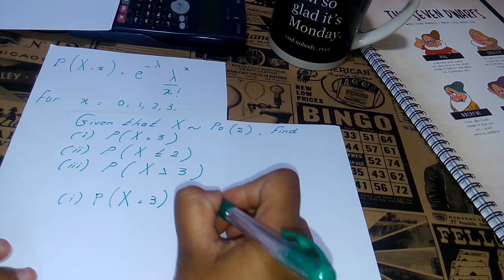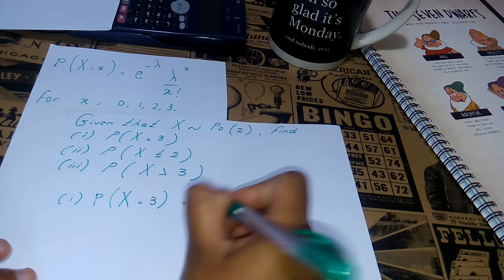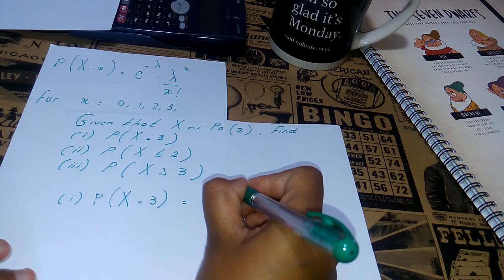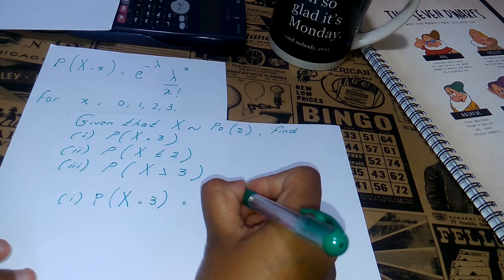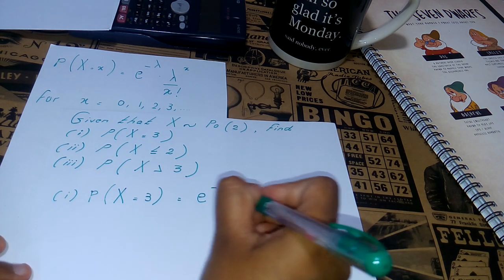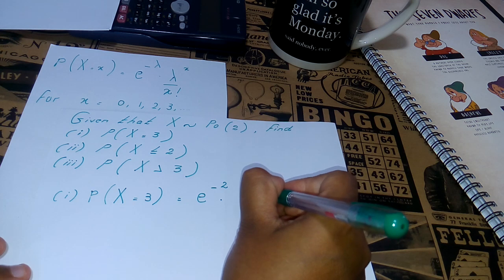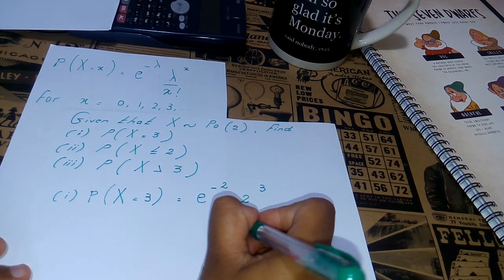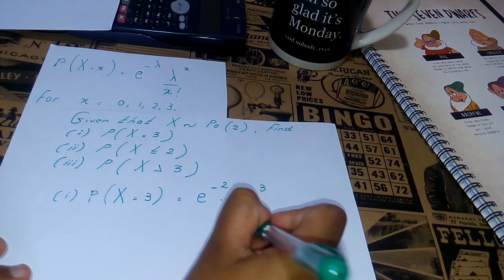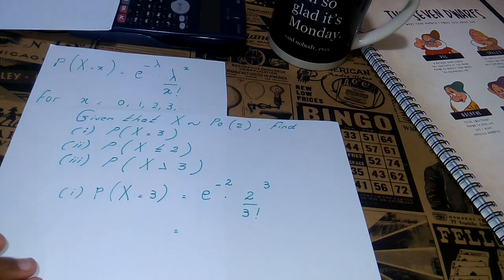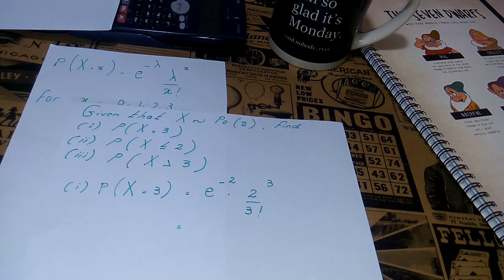The probability of X equal to 3 is e to the power negative lambda, which is negative 2, multiplied by lambda, 2 to the power 3, over 3 factorial.